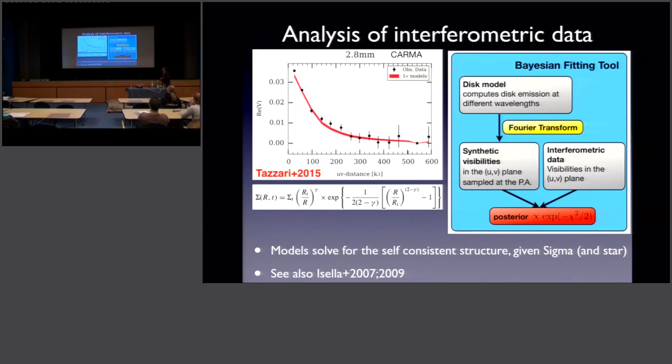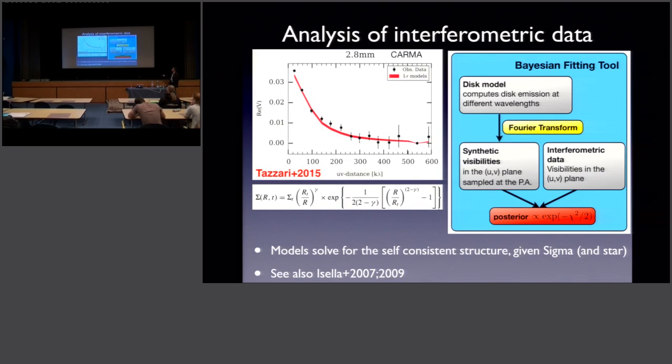So basically, you create a model of the disk that depends essentially on the surface brightness, on the surface density of material, so where you put the mass from the center to the outside, and on the stellar properties, and you solve self-consistently the radiation transfer, essentially. So you compute the temperature and so on in the disk and the emission of the disk.